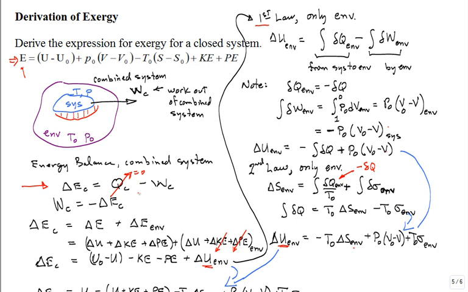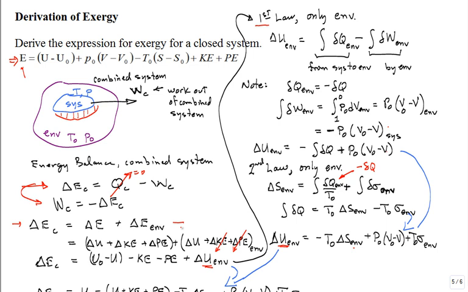All right, so we can rewrite the first law for a combined system as WC, what we were interested in computing, equal to the minus the change in the energy of the combined system. Well, the change in the energy combined system can be the sum of the change in the energy of the system and the change in the energy of the environment. Does that equation look good?